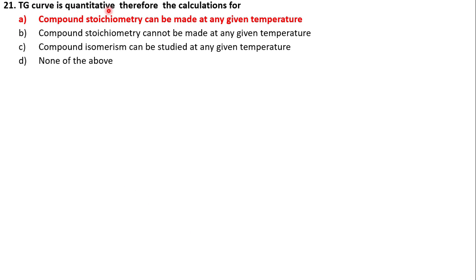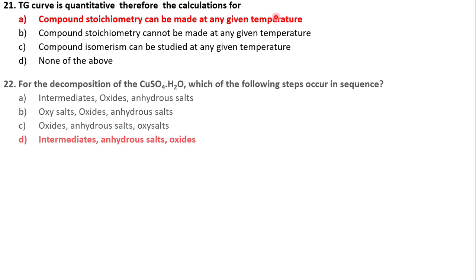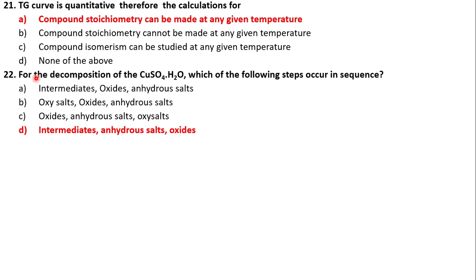The TG curve is quantitative, therefore calculations for compound stoichiometry can be made at any given temperature. For the decomposition of copper sulfate monohydrate, which of the following steps occur in sequence? That is intermediates, anhydrous salt, oxides.